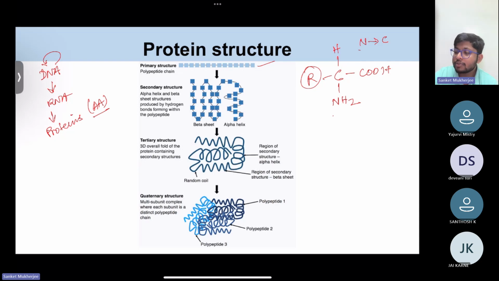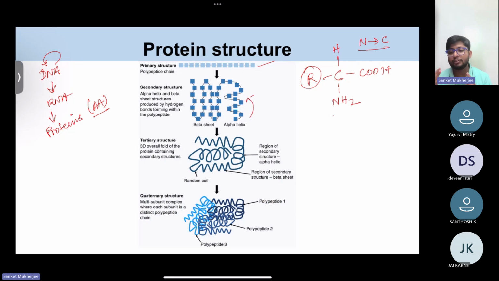Now, why I told you this: based on whatever R group is present, the primary structure of protein can form some secondary structures like alpha helices and beta sheets. These are secondary structures formed due to hydrogen bonding between amino acids. Now, coming to the third form, tertiary structure is the 3D overall structure of the secondary structures.